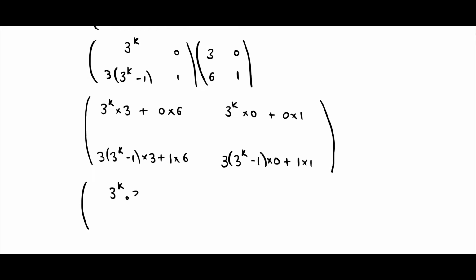And then here we have 3 to the power of 1 multiplied by 3 to the power of k minus 1 multiplied by 3 to the power of 1. Yeah, we have this.